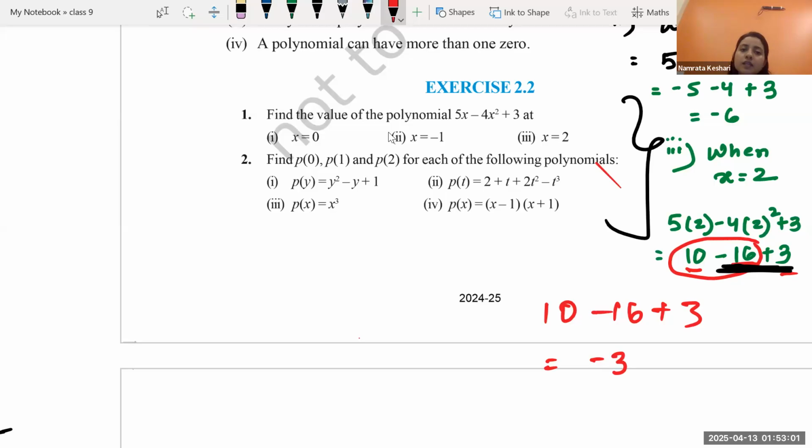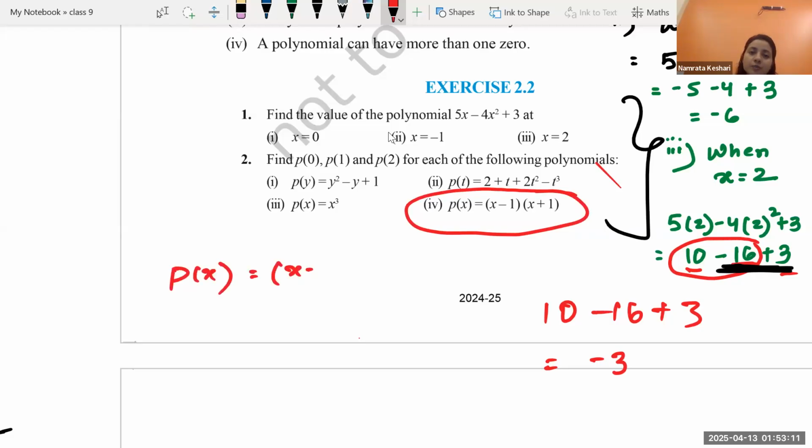Okay. Can you find just the fourth one for me? If p of x is given as x minus 1, x plus 1, can you tell me what will be p of 0?